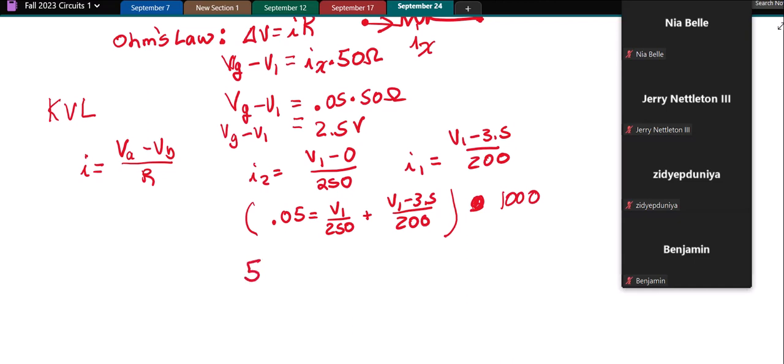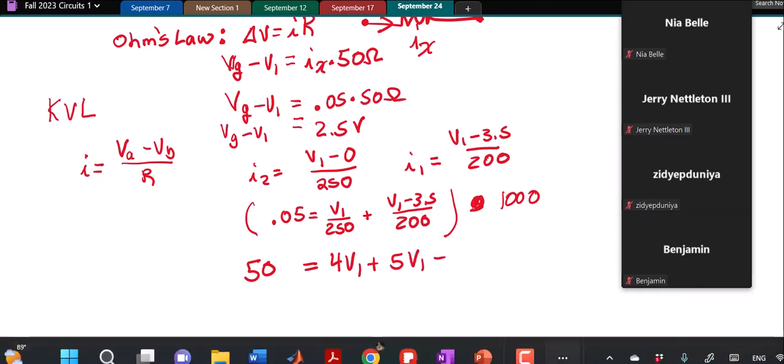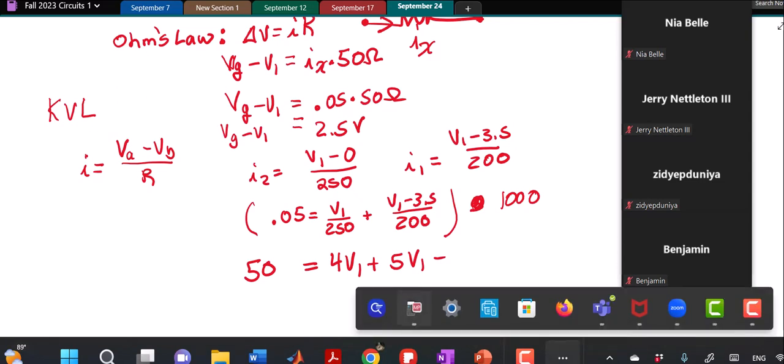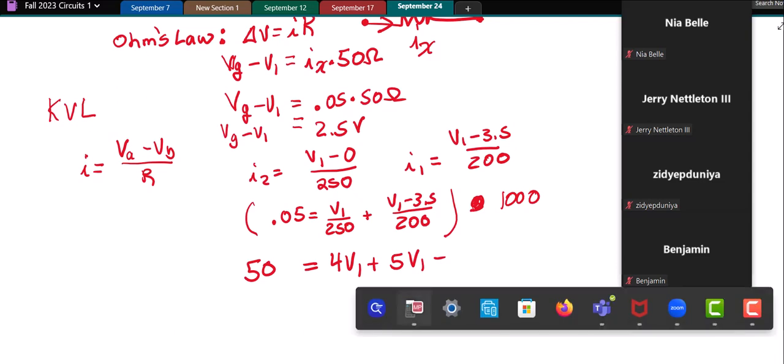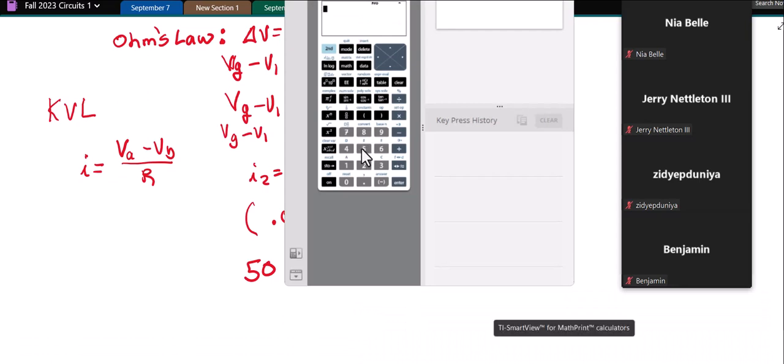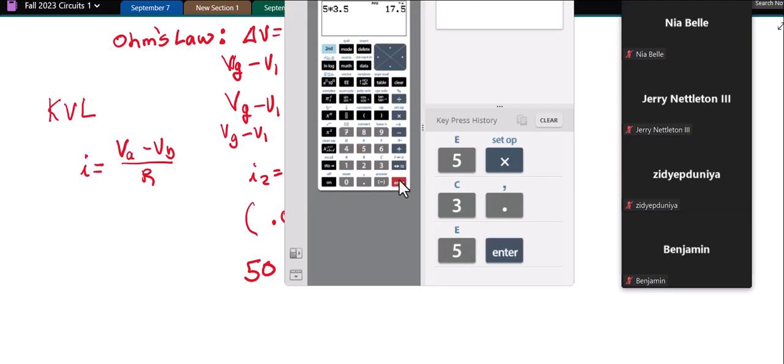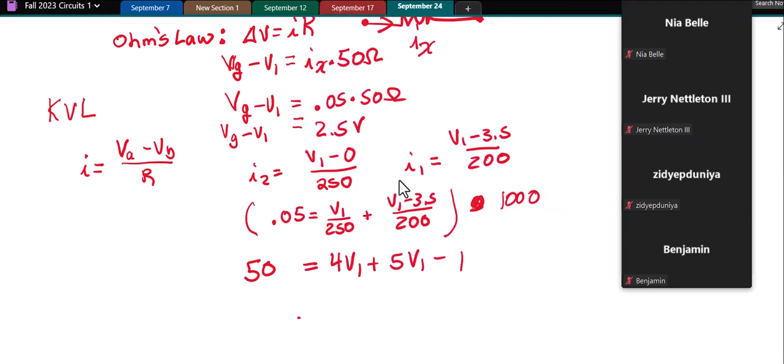So that will give me on this side 50, and then 4V1 plus 5V1 minus, and 5 times 3.5, 17.5.